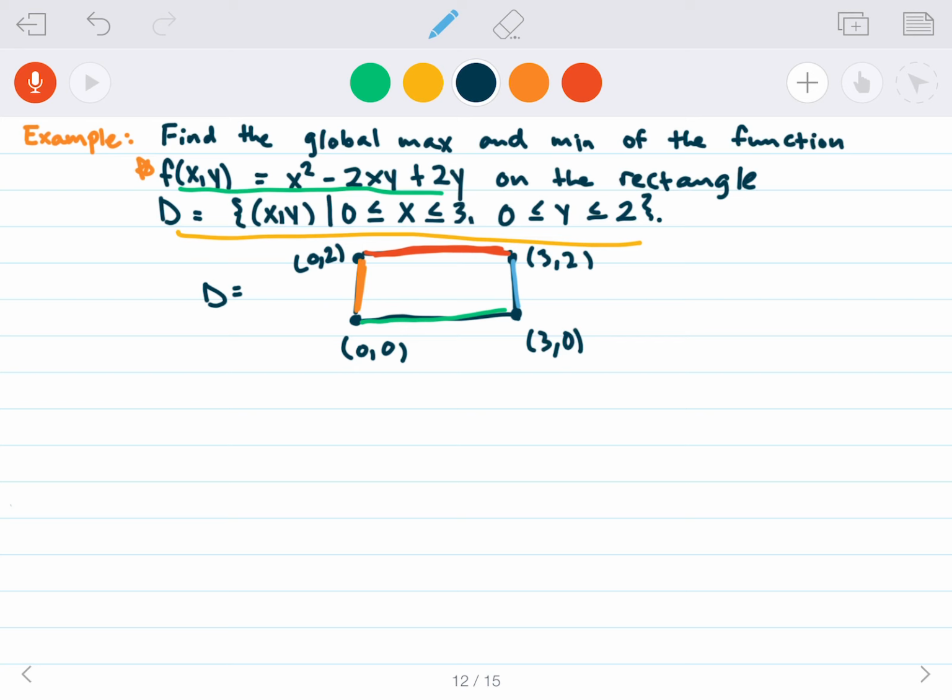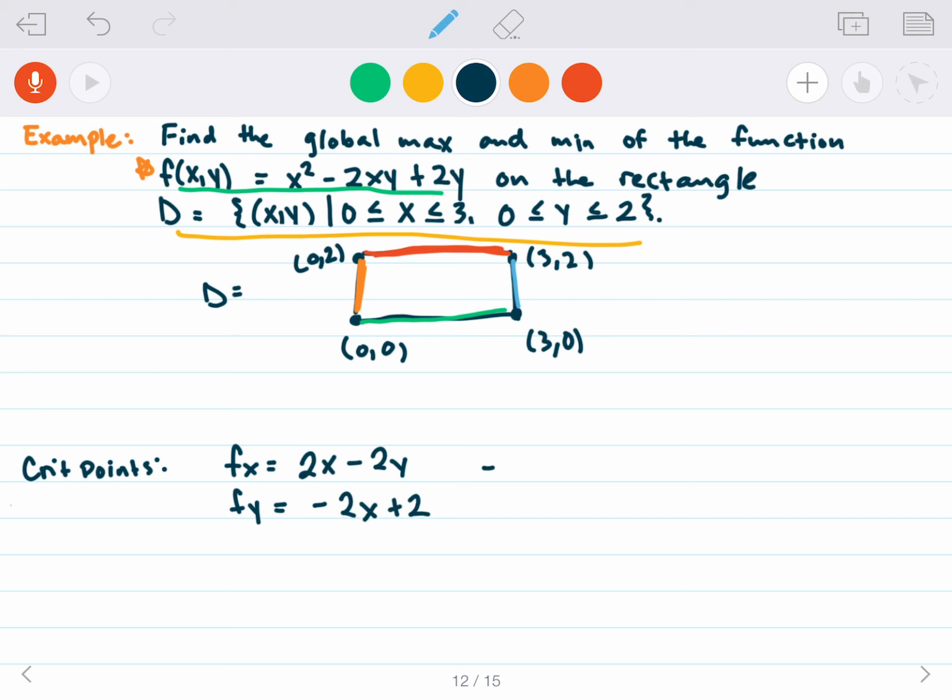All right, so let's go ahead and first find the critical points, because those could be possible contenders for absolute maxes and mins. So to find the critical points, I need to take the derivative with respect to x, and that's going to give me 2x minus 2y. Take the partial derivative with respect to y, and that's going to give me negative 2x plus 2.